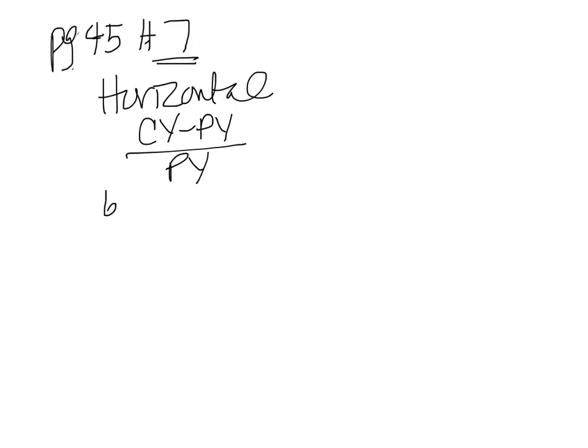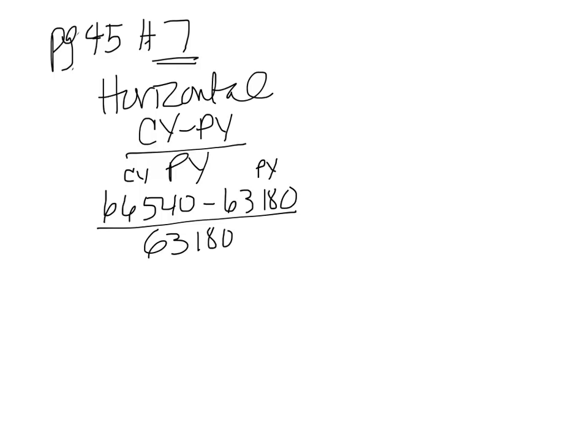In this case, it would be inventory of 66,540 minus 63,180, which is the previous year, divided by 63,180.